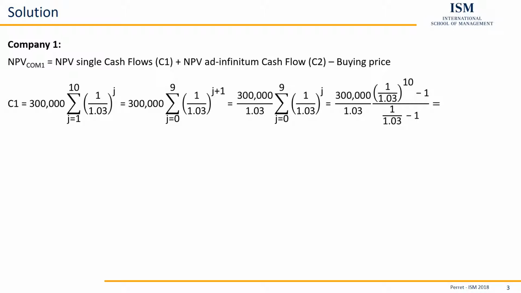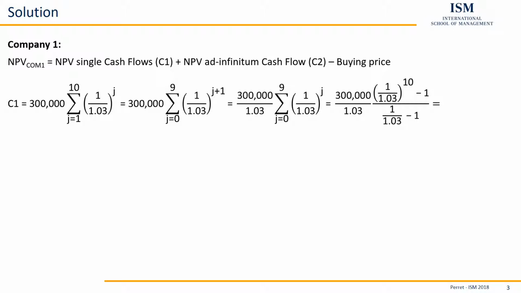The only thing I need for this is first the expression below the j, below the index, that's 1 divided by 1.03, and the upper part of the sum, here being 9. Because then this simplifies to this expression: 1 divided by 1.03 to the power of 9 plus 1, minus 1, divided by, and then again the expression in parentheses, 1 divided by 1.03 minus 1.